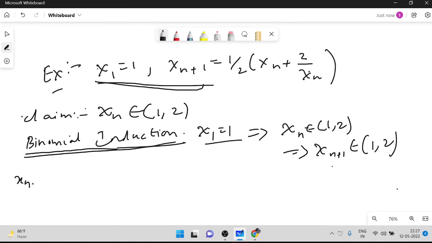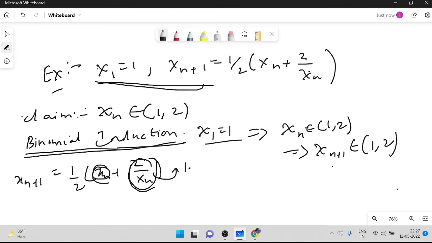So x(n+1) is equal to 1/2 times (xn + 2/xn). The minimum value that this can attain is 1, so 1/2 times (1 + 1) implies the minimum of x(n+1) is 1.